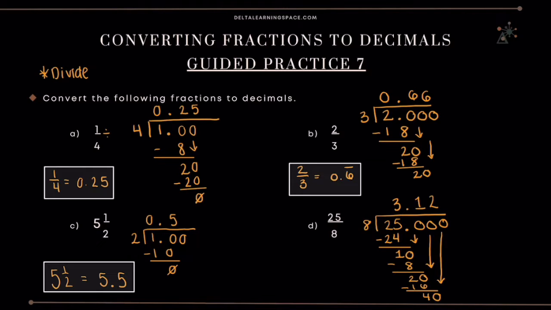But that's okay because 8 can go into 40 5 times. 8 times 5 is 40, and so that would leave me with nothing else. And so I can stop that division there, and 25 over 8 is equal to 3.125 as a decimal.